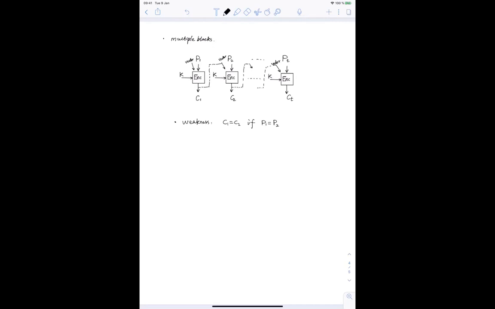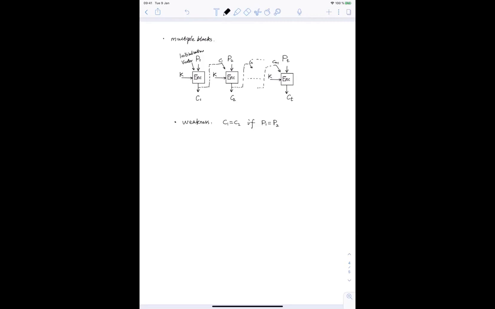This is Cn minus 1, here is C1, here is C2. And how can we get the extra vector for the first block? Well, there's no previous block, so we define a vector. We call it the initialization vector, IV for short.